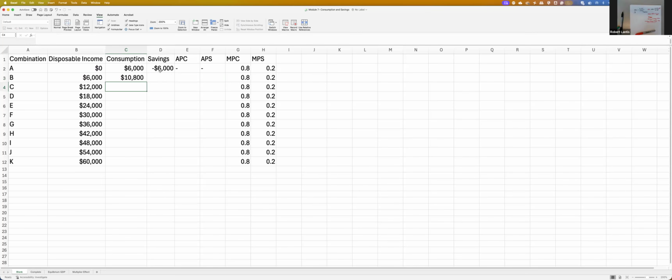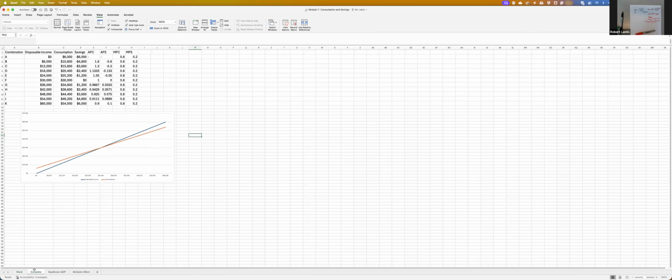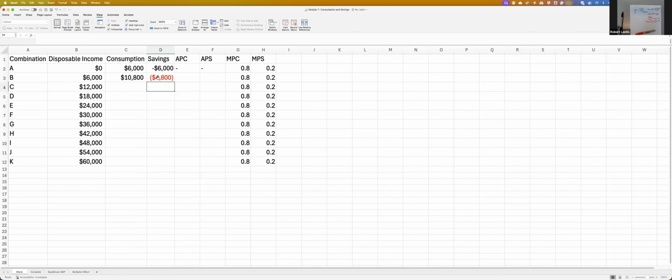In which case, what is my savings going to be? Well, my savings will be whatever my new disposable income is minus however much I'm consuming. So notice here, I'll change this to negative, which is fine. The formatting is a little bit different here, but when it puts it in red, this is going to be a negative value. So what do I want here?